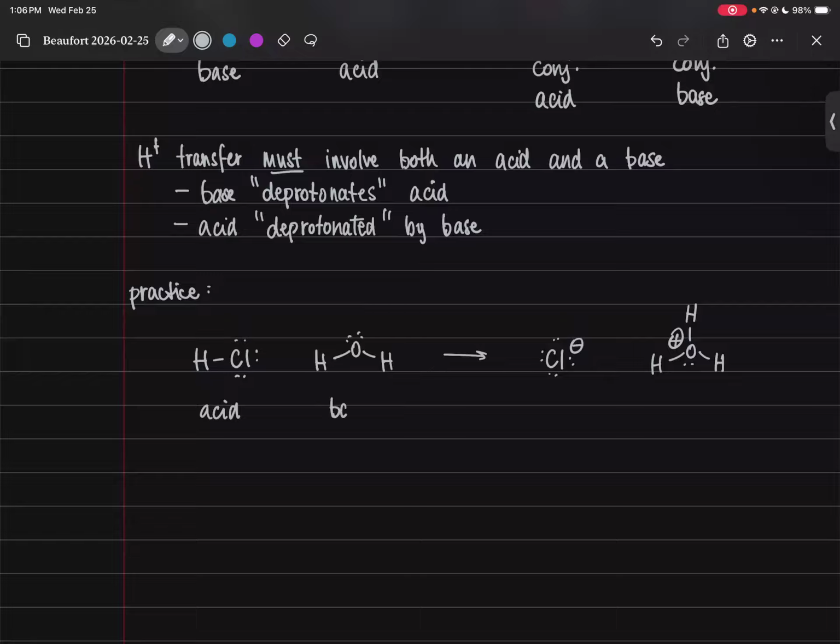So we already did this. So acid, base, conjugate base, conjugate acid. So show me the arrows.